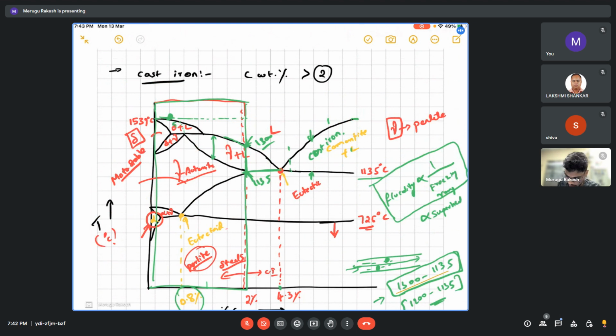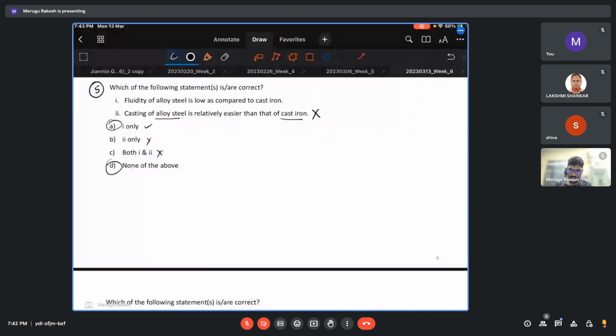That is the reason we have a very wide freezing range in steels, whereas I have drawn this at the same level, but we have less in cast iron. That would be a good explanation. You can even search more.